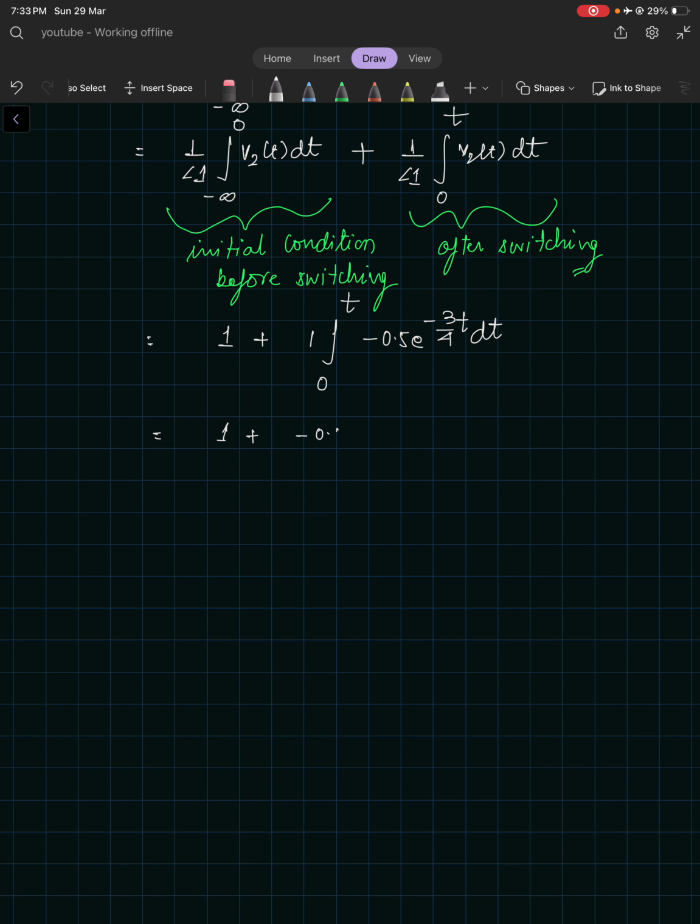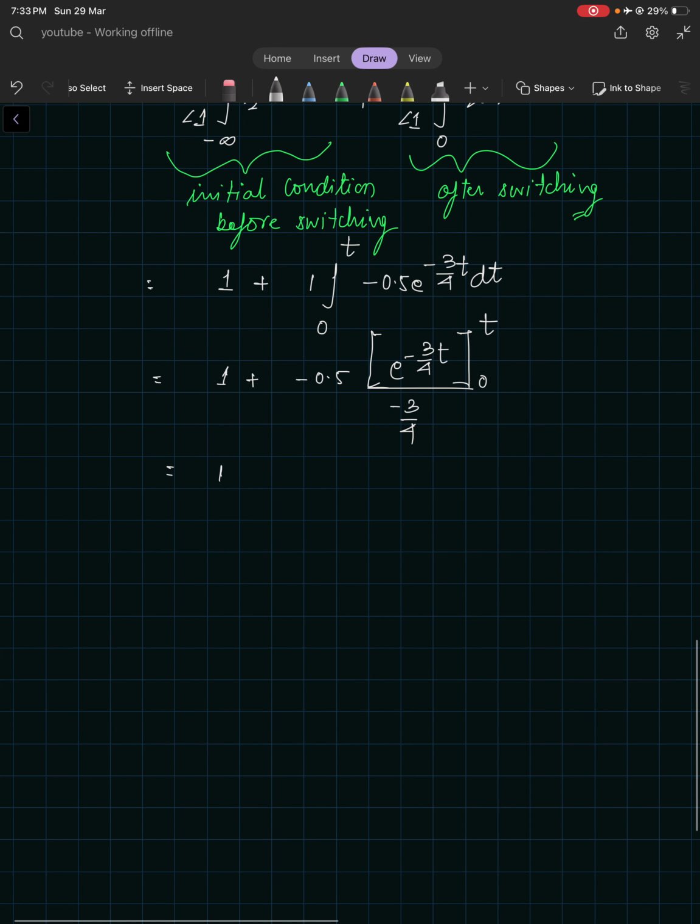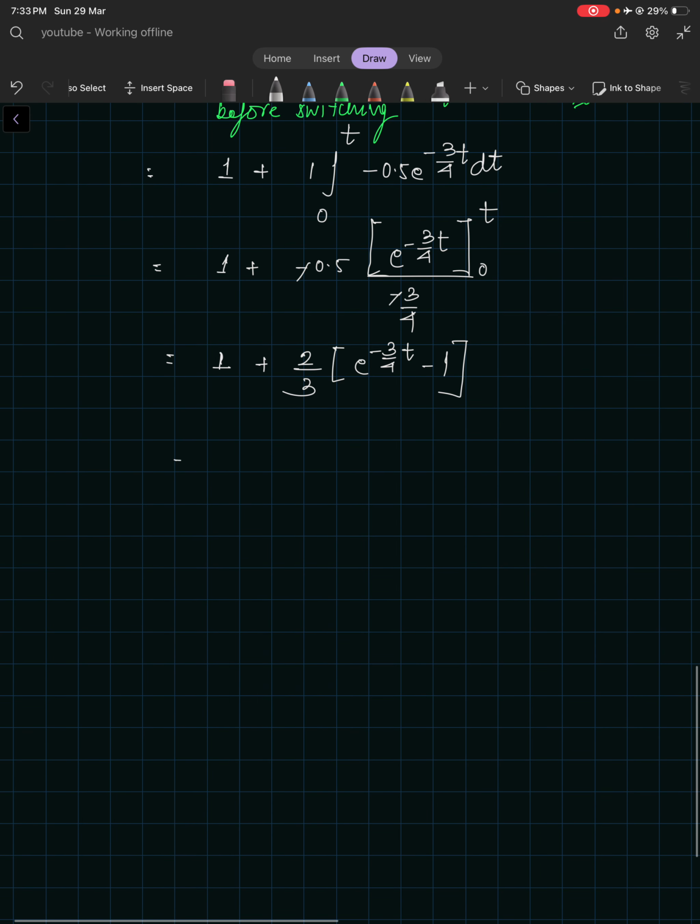Now it is a matter of just solving the integral, right? So minus 0.5 divided by minus 3 by 4, times e to the power minus 3 by 4 t, from 0 to t. The minus signs cancel, and 2 by 3, since 4 goes up, multiplied by 1.5, it will be 2. e to the power minus 3 by 4 t minus 1, because e to the power 0 will become 1. So this would be 1 minus 2 by 3, plus 2 by 3 e to the power minus 3 by 4 t.